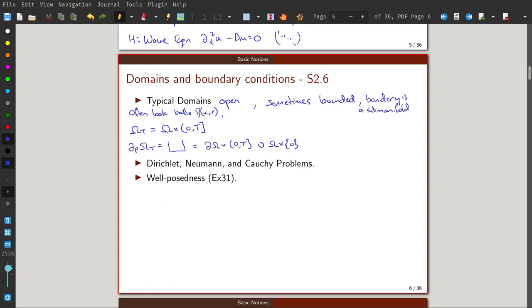Okay, so if you like, at time capital T is included in the parabolic cylinder, and so the boundary of the parabolic cylinder, quote unquote, or the parabolic boundary, is all the other parts of the boundary. So the sides for different times, and also the initial condition. So we have this sort of special definition of the boundary of a parabolic cylinder. And those are the typical sorts of domains that we try to solve PDEs for in this course.